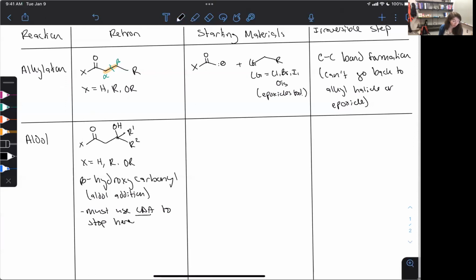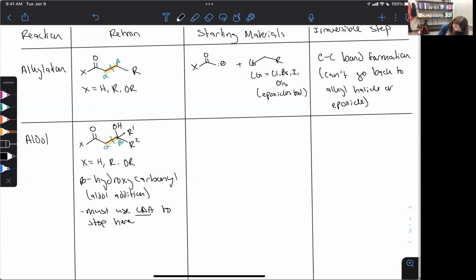Okay, so if we break this down into its starting materials, again, we're looking at forming this bond right here. In the retrosynthesis, that's the bond that we're activating. Again, we've got the alpha and the beta position, so we're making that alpha beta bond.